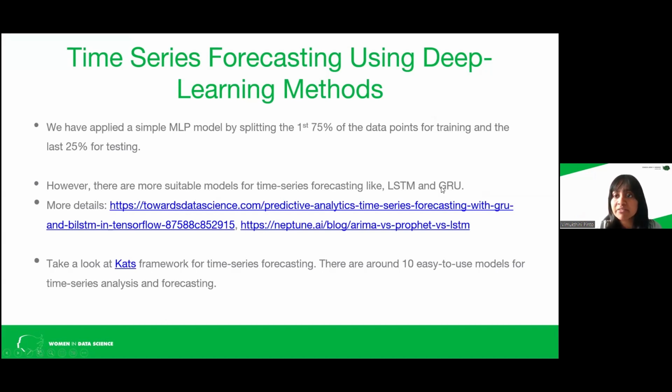I think they will be covered in future sections of this workshop as well, and I've also given you links that you can follow. I also found a nice, recent library developed by Facebook Research called Kats, a framework for time series forecasting. It has 10 easy to use models already built in, so you can have a look at that as well.